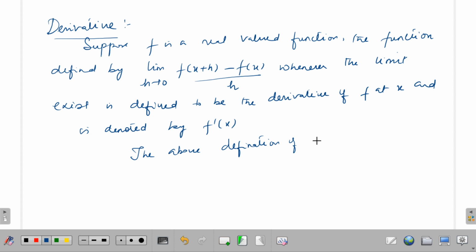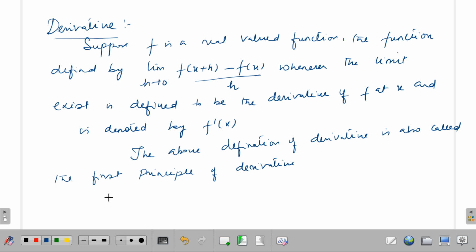The above definition of derivative is also called the first principle of derivative.